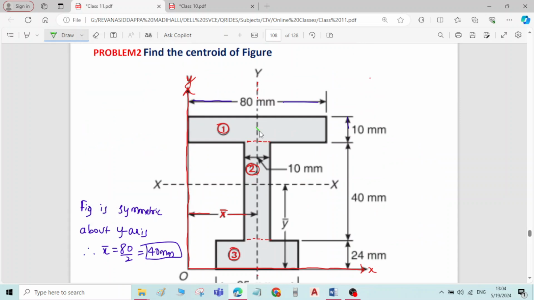If I take G1 as centroid of rectangle 1, from its base it is d by 2. For rectangle 2, if I take G2 as centroid, the distance from its base is d by 2. For rectangle 3, if I take G3 as centroid, the distance is d by 2. I have just written the formula.